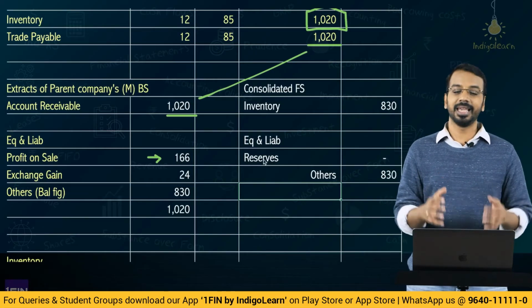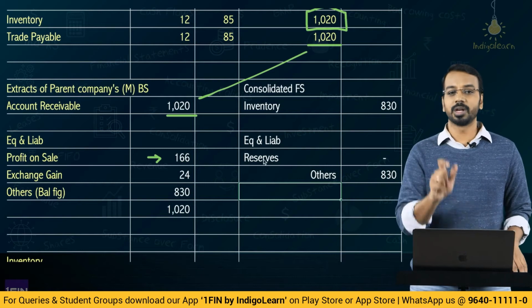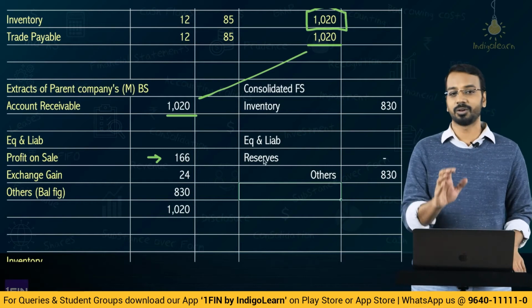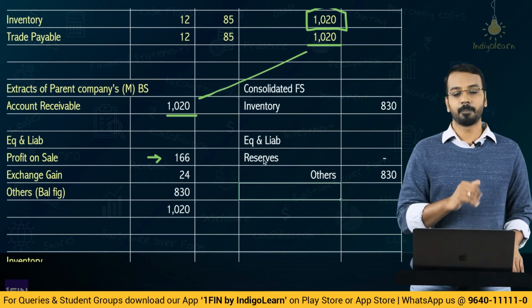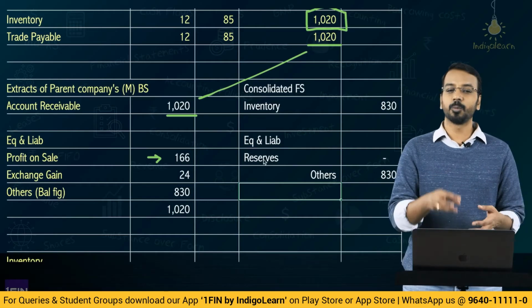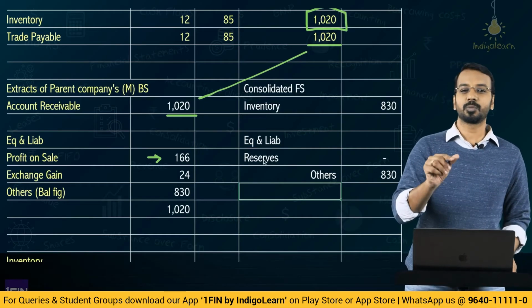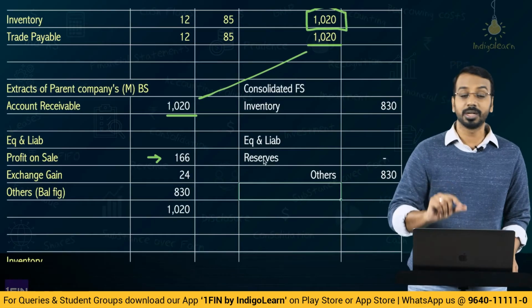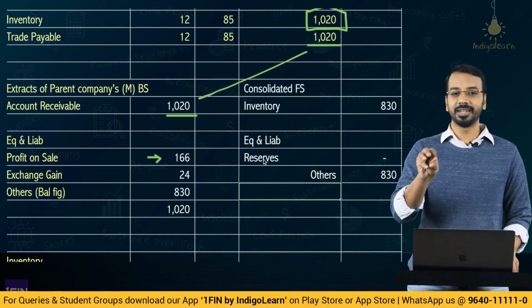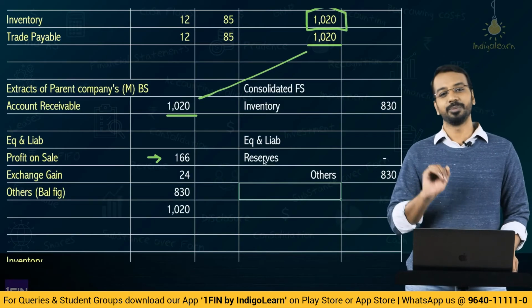Any unrealized gain has to be eliminated. Whatever was the gain on restatement of debtors, that we have eliminated. Because the inventory is within the group and the cost is 830, the unrealized profit, which you have not yet realized since you have not sold it outside the group, has to be eliminated.